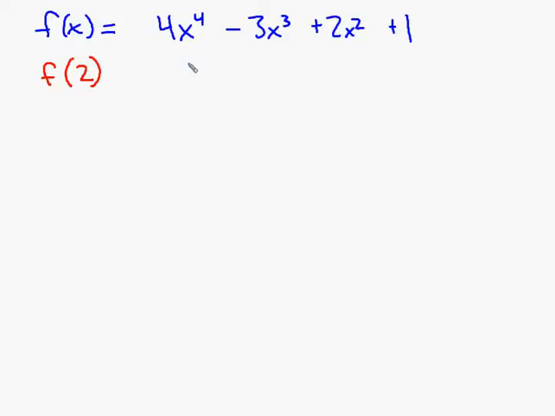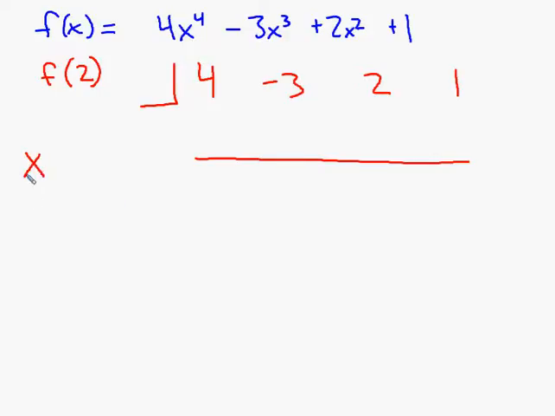So I set up my synthetic division, which is going to be the coefficients of each of these. Now if I'm missing a term, that term is going to be 0. I take each of my coefficients, draw my line here. Right here is the number I'm going to divide by. Now I'm dividing by x minus 2, which is the same as taking this opposite in sign and putting it there.